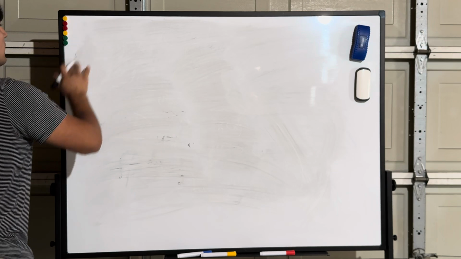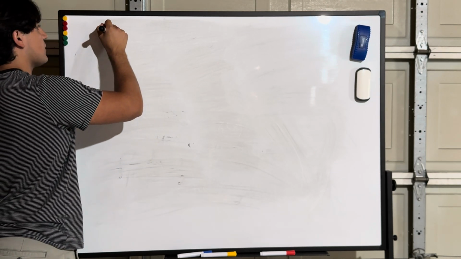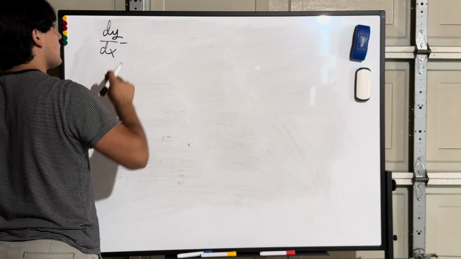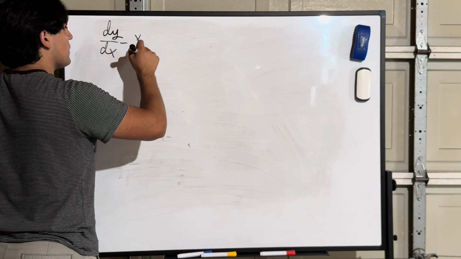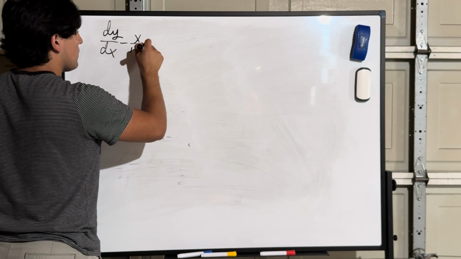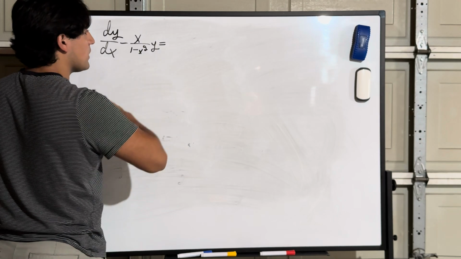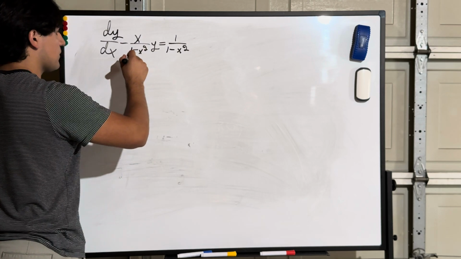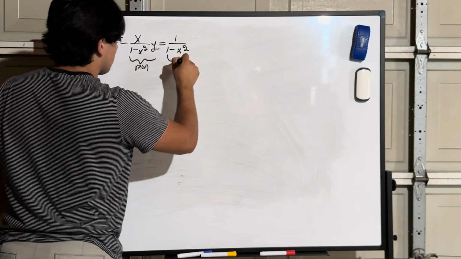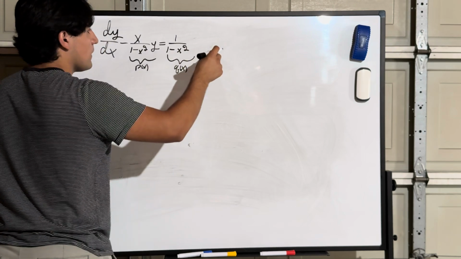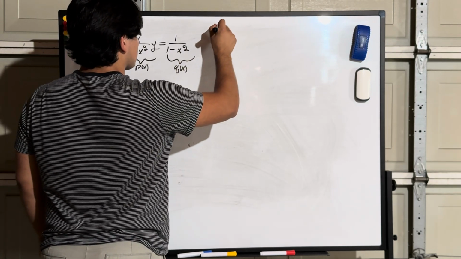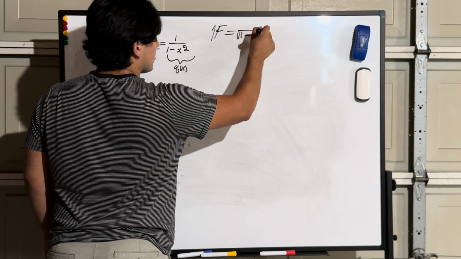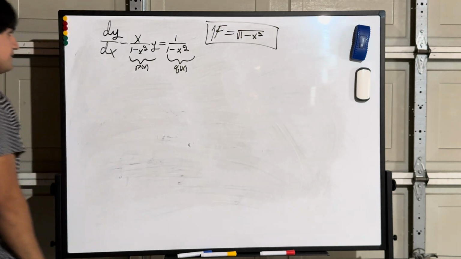Okay. We were at minus, what was it? Equals, okay, did that. Our integration function was 1 minus x squared. All right.